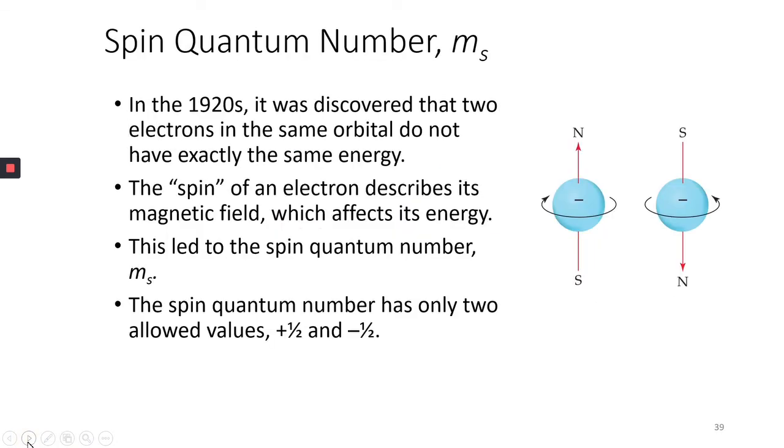Now, in the previous slide, if you notice, when I was filling my orbitals, I was drawing like these half arrows. One was pointing up and one was pointing down. Since you have 2 electrons in one orbital, they have to spin in opposite directions.